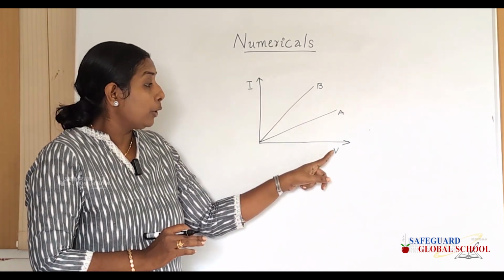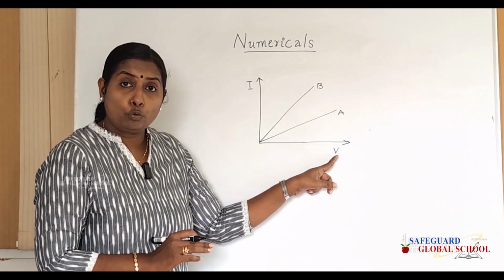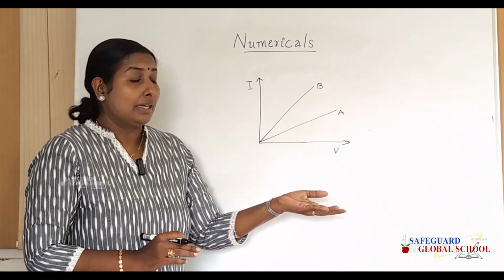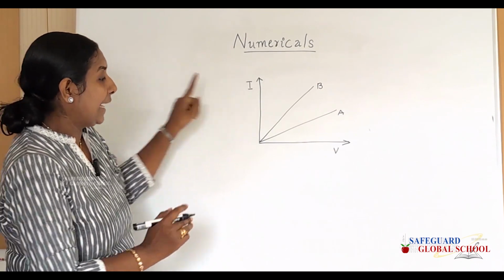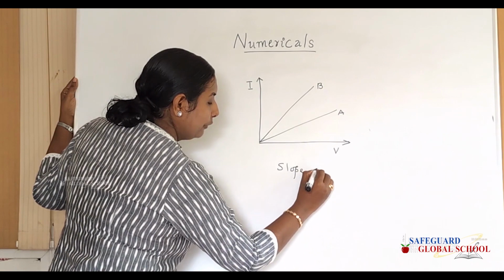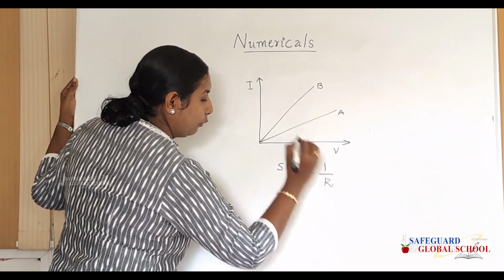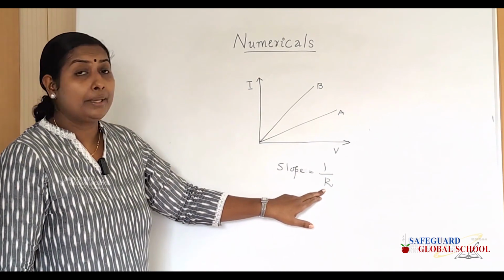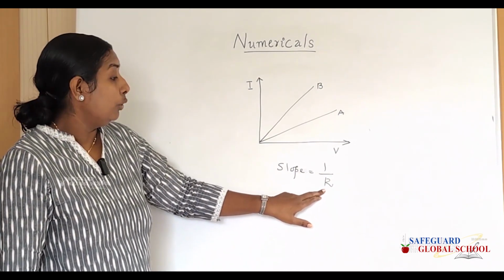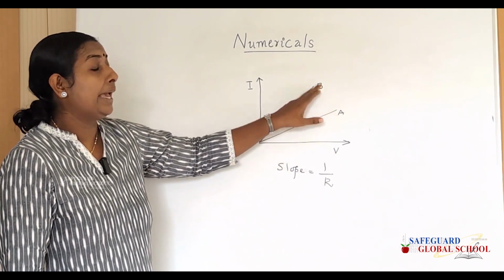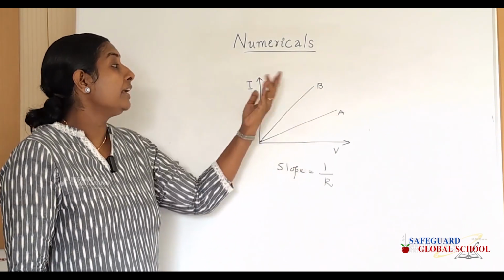I. What is plotted on the x-axis? It is V. We have discussed in the previous class that when I is plotted on the y-axis, the slope of the graph will give the 1 by R value. So greater the slope, lesser will be the resistance. So the question is, which of these two metals A and B is having high resistance?